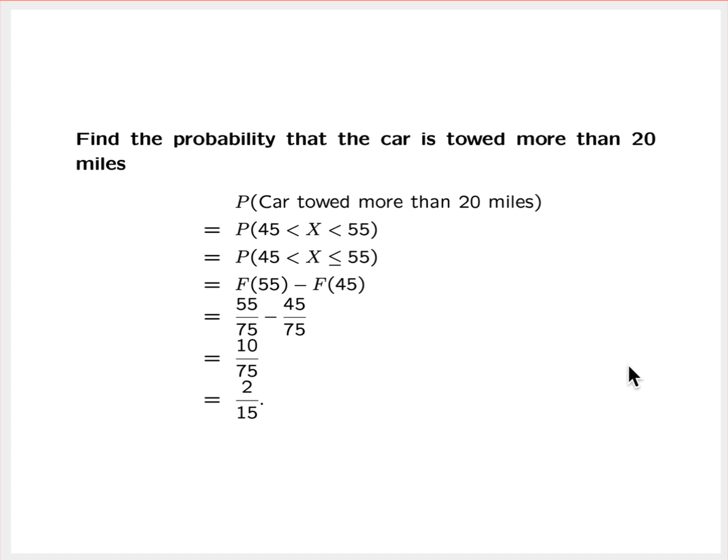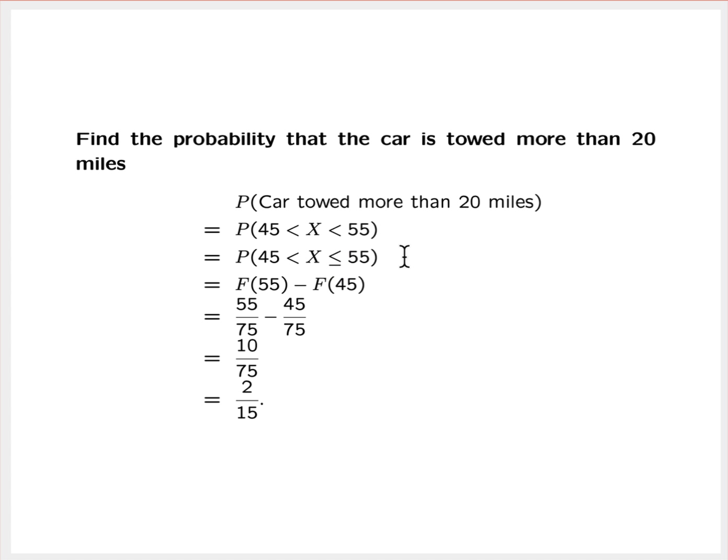Next, let's find the probability that the car is towed more than 20 miles. Again, a simple picture will help you very quickly see that the event that the car is towed more than 20 miles is equivalent to the event that the breakdown point is somewhere between 45 and 55 miles from city A. Again, because x is a continuous random variable, I can change the strict inequality to a non-strict inequality.